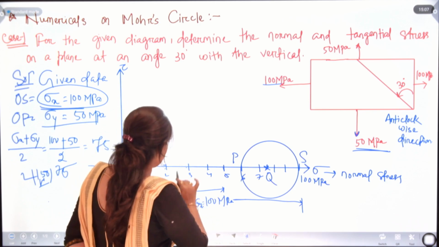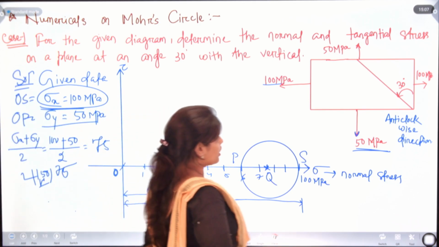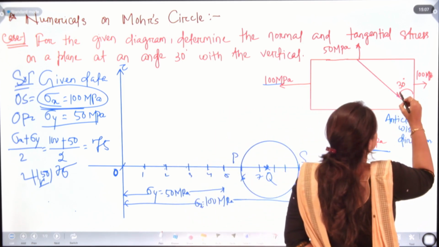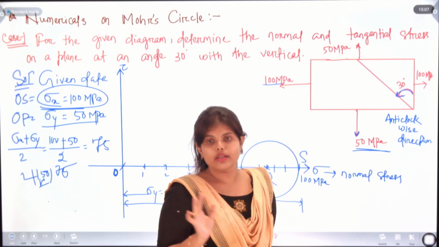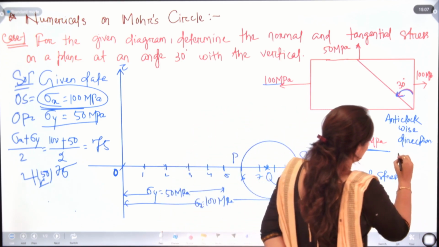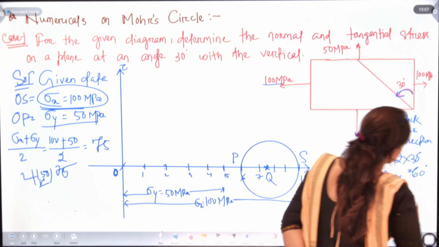So till now we know what sigma x and sigma y are. Next our work is to find out, I have already said that if the angle is 30 degree, we need to take that angle in the Mohr circle, that is 2 into 30 degree. We will take 60 degree.